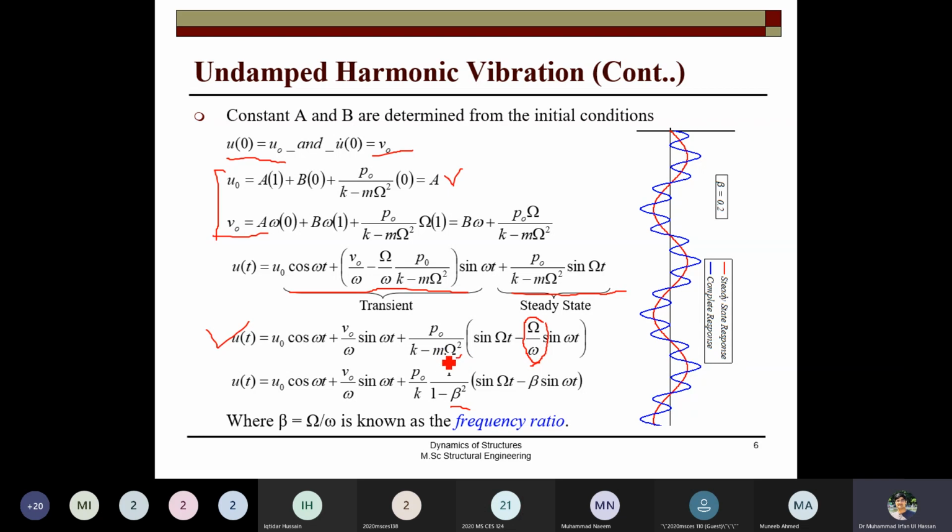So we can replace m by k over omega squared, and when we put this omega bar squared divided by omega squared, this will give the beta squared value. So the final solution for the response of the system under the effect of forced vibration without damping is this one.